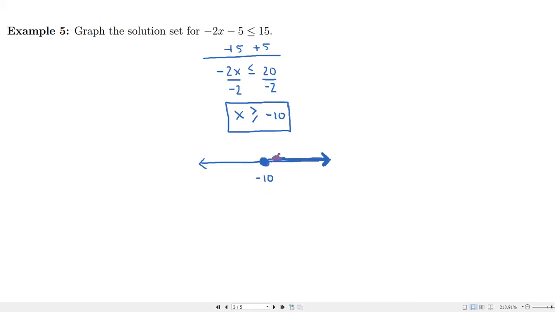Okay, and in interval notation, what are we going to have? Well, it's greater than or equal to, so we're going to have a bracket, -10, all the way up to positive infinity, right? But not inclusive, because that's not a number, right? And so here's our solution. Of course, it only asks you to graph the solution, but it's good to get used to doing all three. Okay.